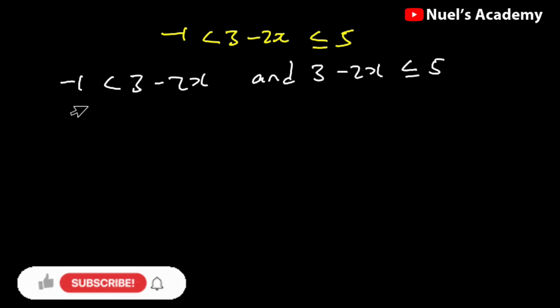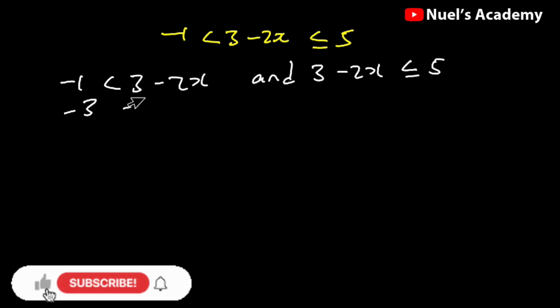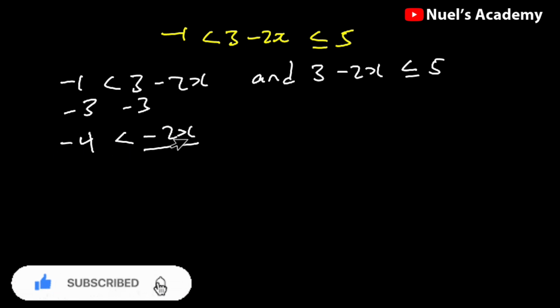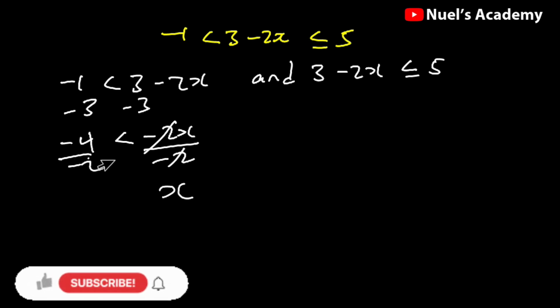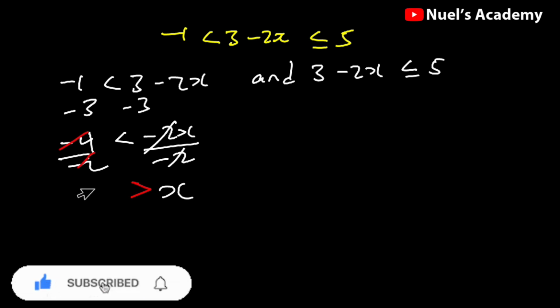So let's subtract 3 from both sides. We're going to have -4 is less than -2x. So let's divide by -2. This and this will cancel. We have x. Remember, when you divide by a negative number, you will flip the inequality sign. So it's going to be greater than -4 divided by -2, which is 2.